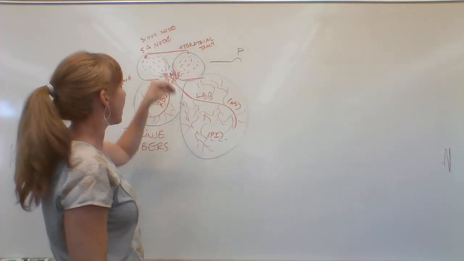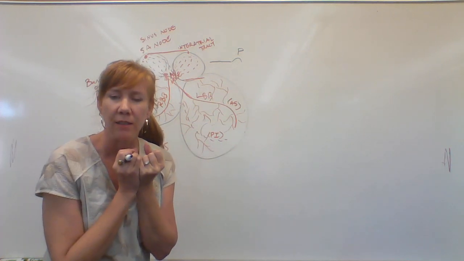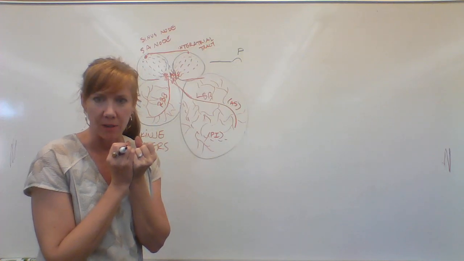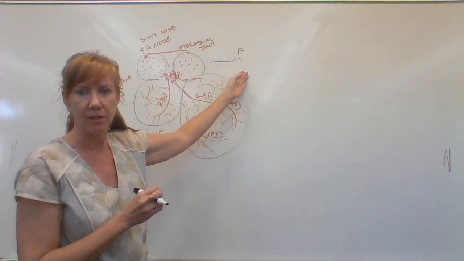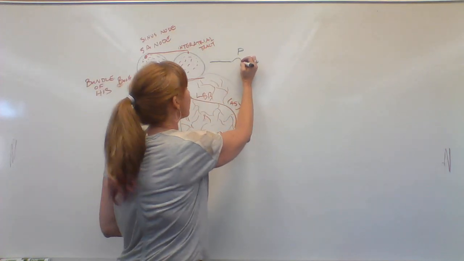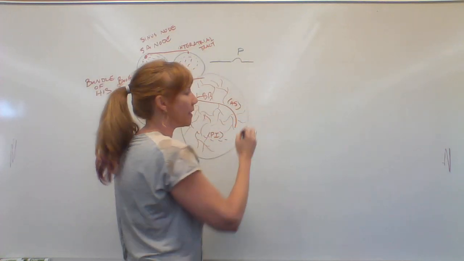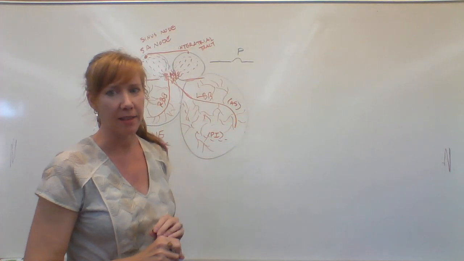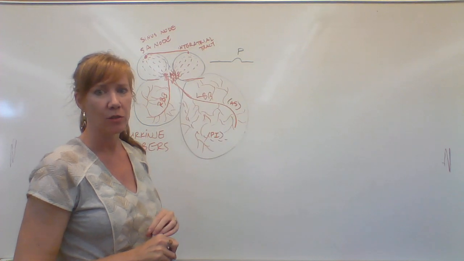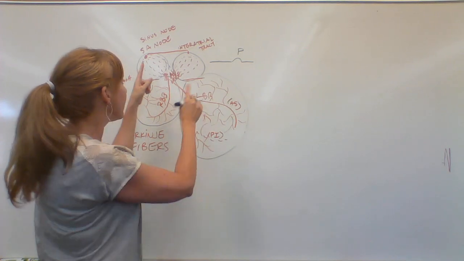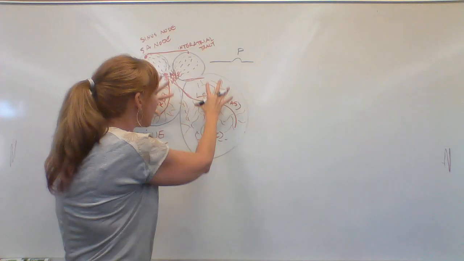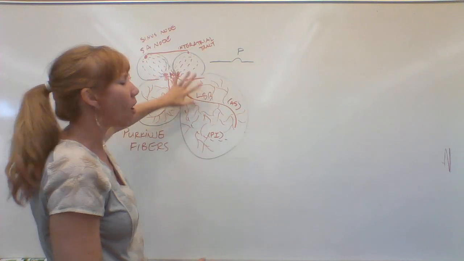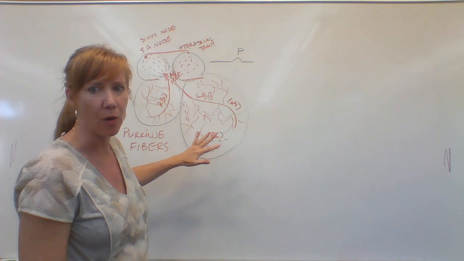Then it all goes to the AV node, and the AV node holds it. So what should happen during that time on our EKG strip? Nothing, just a flat line. So we better see some flat line in here. There should be a flat line in there to allow those AV valves to shut. Then electricity is going to shoot down to the ventricles. These big ventricles, including all this mass, are going to depolarize.